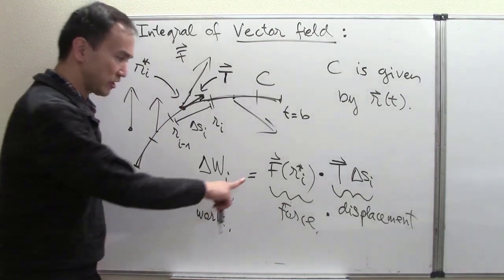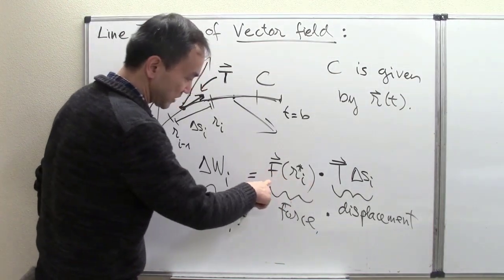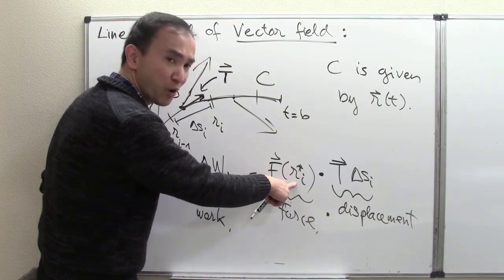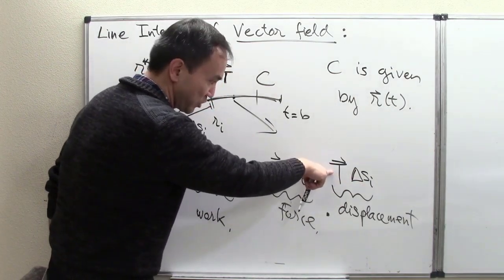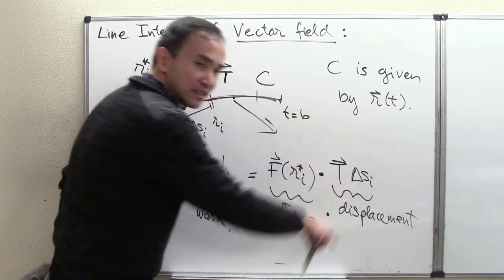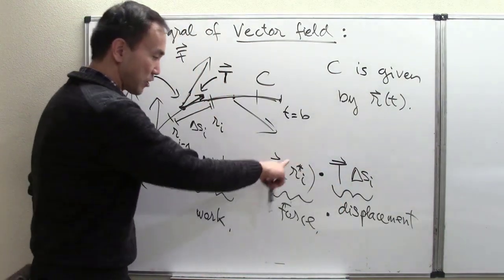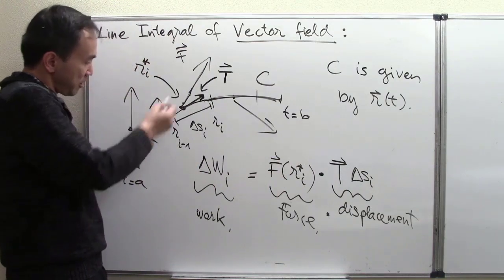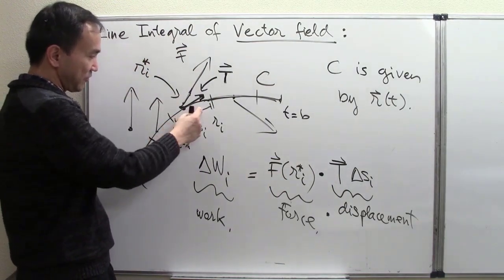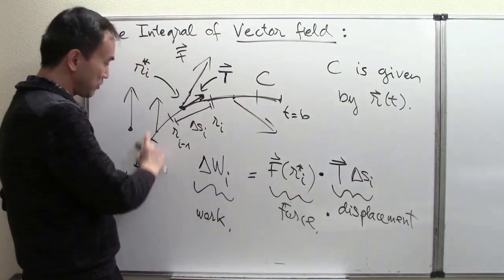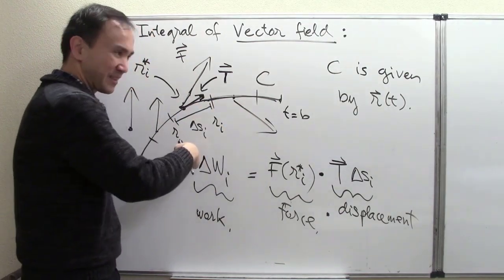But in the end, generally, what I want you to see is the vector at that point dotted with the displacement vector, the unit tangent vector multiplied with the length delta s i. Now we're going to accumulate all of those little bits of work from each of these subintervals. We're summing them up.